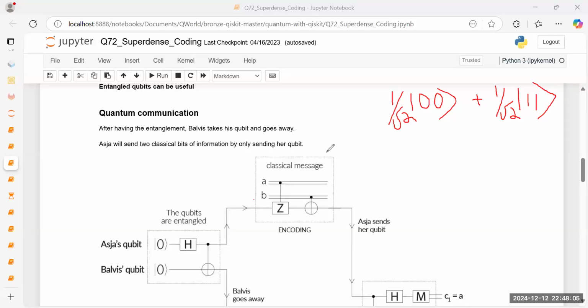At this point, Asha can decide the information she wants to send to Balvis. Let's say she wants to send 0, 1 to Balvis. If that were the case, she's going to apply an X gate to her qubit.